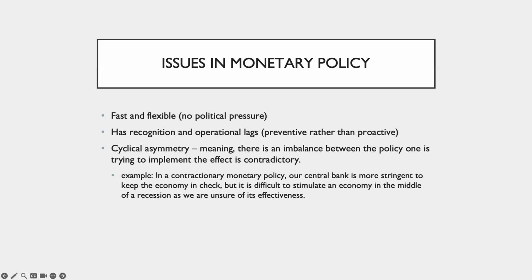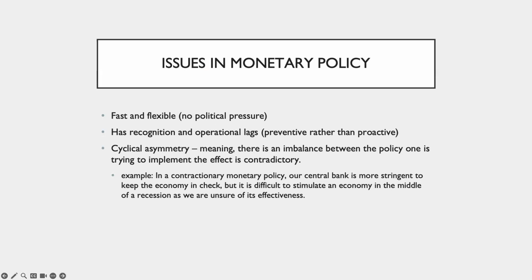Monetary policy is around to prevent a situation from getting worse. It's not there to actually prevent the situation from happening before it actually happens. So monetary policy only works if the situation is already present. It's a way to control the damage that will be done by the situation at hand.